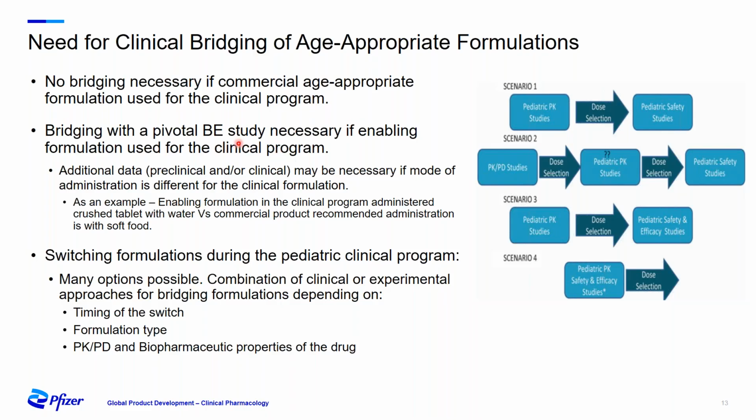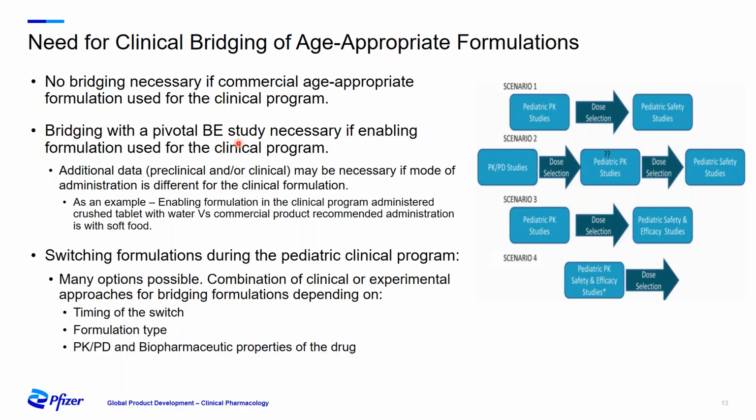Now, you could have a situation where it's a highly soluble drug and you're not using any excipients, and you may not be required to do a pivotal BE study, but that's on a case-by-case basis, so we won't dwell on that too much.